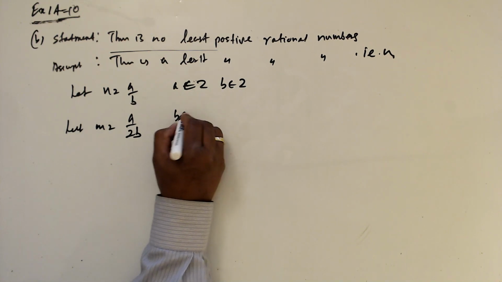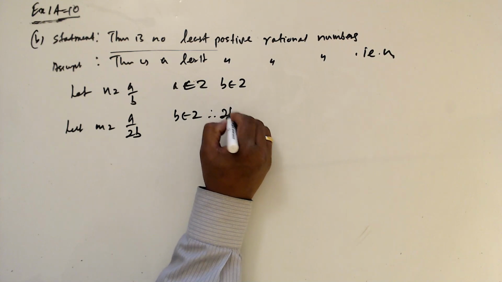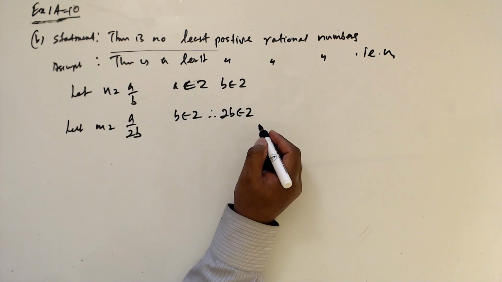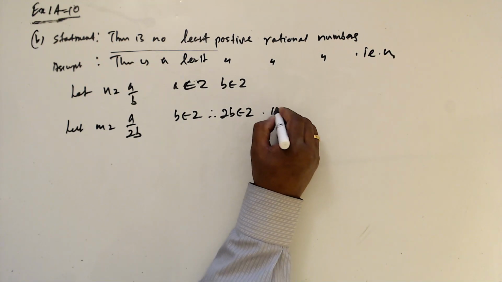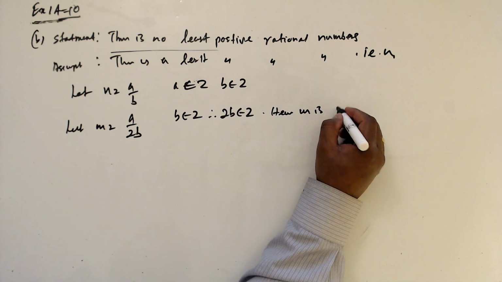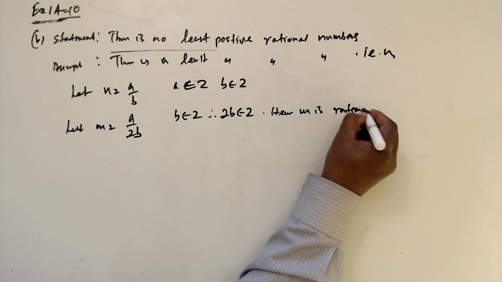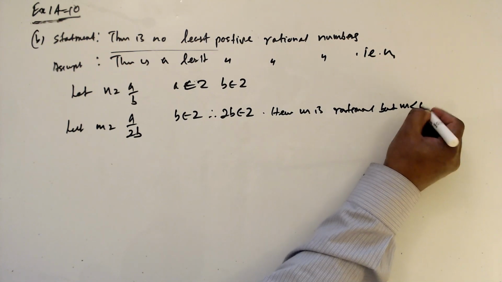So b is an element of Z, and hence 2b is an element of Z. Hence m is rational, but m is less than n.